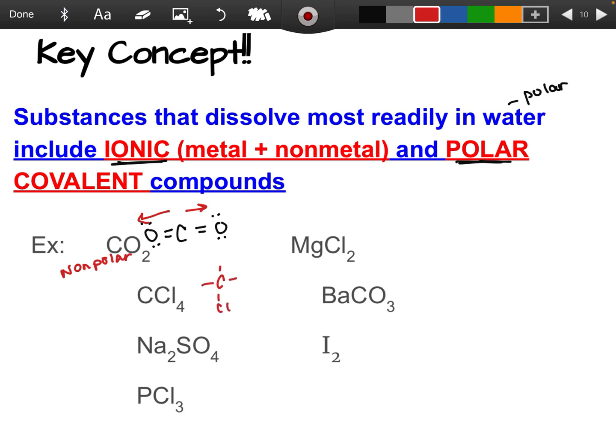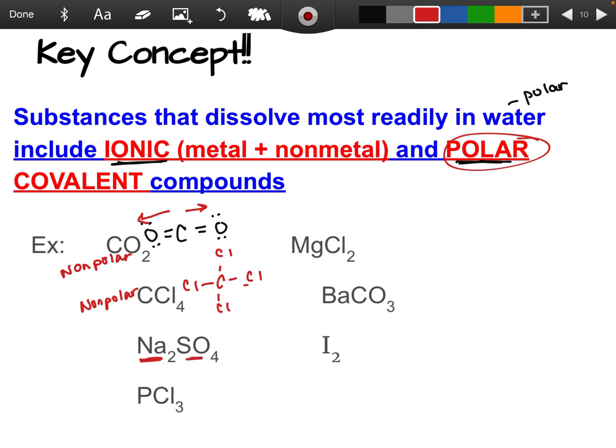CCl4 is going to look like this. So again, all of those sides are pulling equally, so that is also going to be nonpolar. So CO2 and CCl4 will not dissolve in water because water is polar and they are nonpolar.